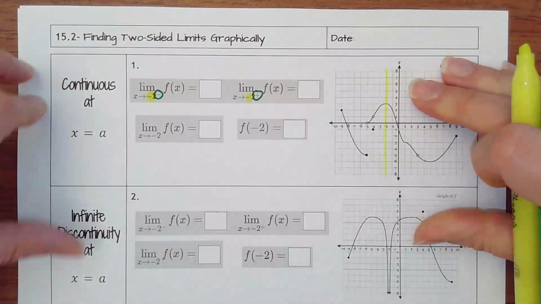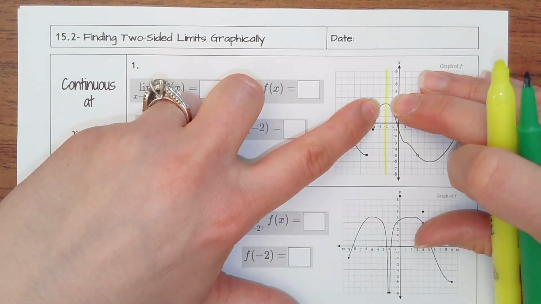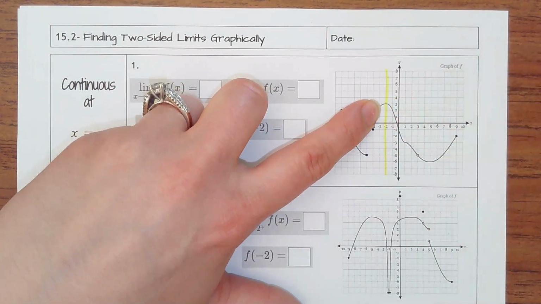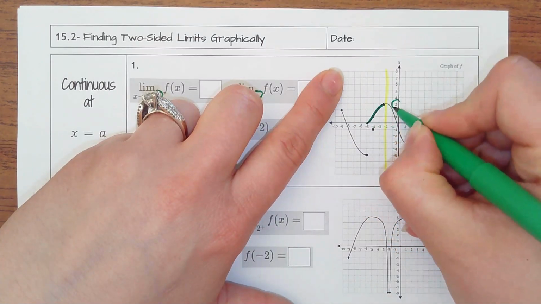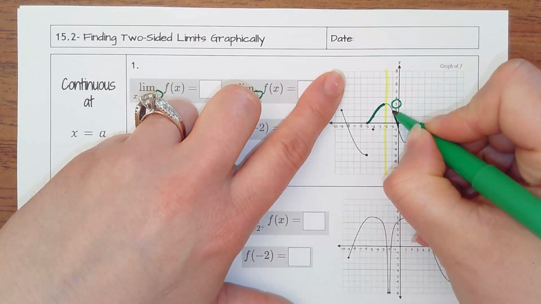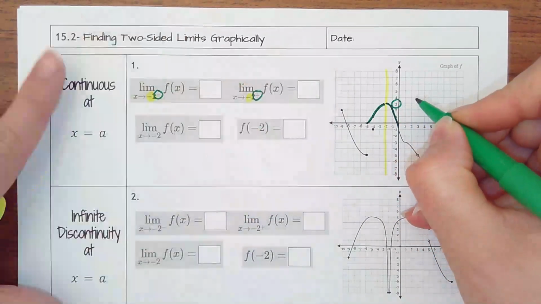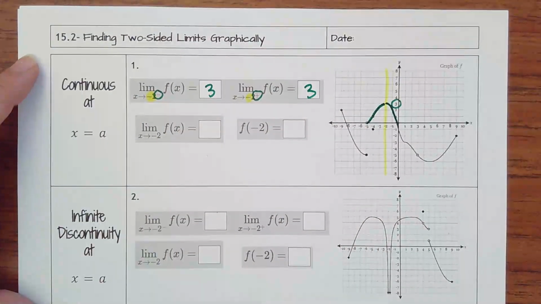Right here, you'll notice that when x is -2, there are no breaks or jumps or anything. It's just a continuous function. As we come from the left, I'm approaching a y value of 3. As I come from the right, I'm also approaching a y value of 3. So both of these limits are approaching 3.